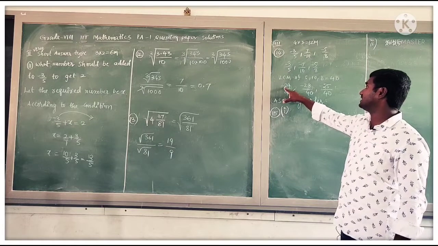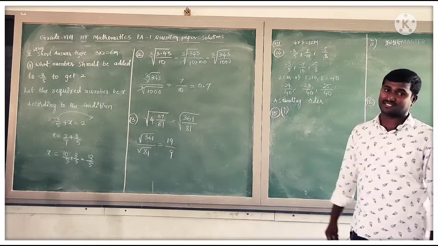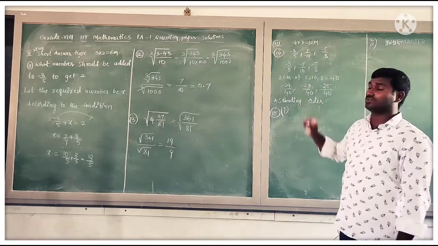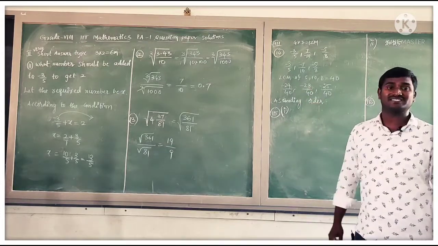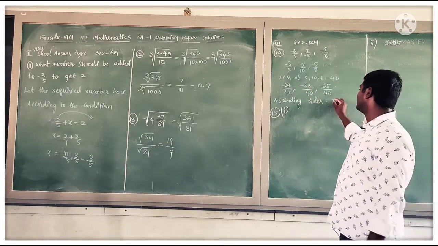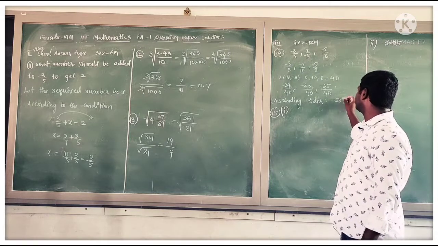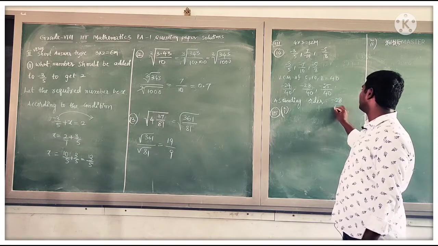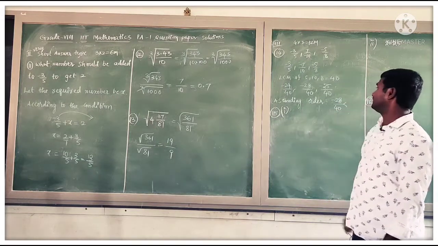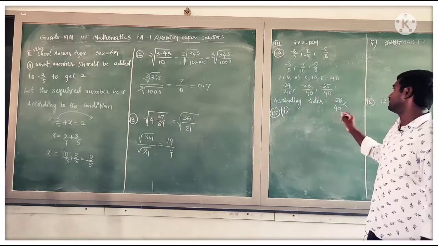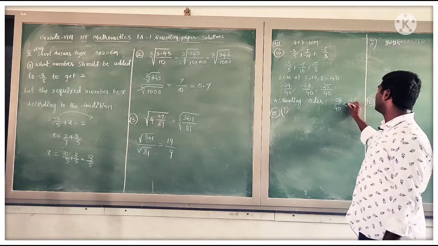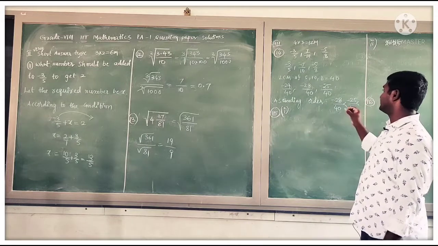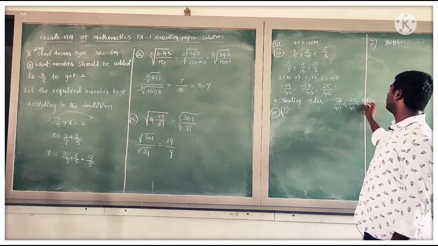Minus 24 is greater, and minus 28 is the smallest integer. So minus 28 by 40 is less than minus 25 by 40, which is less than minus 24 by 40.